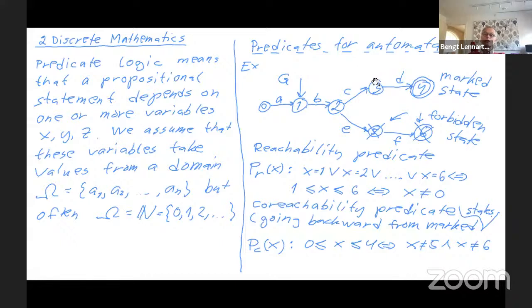Or let's say that state 3 is the only initial state. So move that arrow to this state instead, which are then the reachable states. Then it's only x is equal 3 or x is equal 4, which is the predicate for the reachable state, because then it's only state 3 and 4 that are reachable.